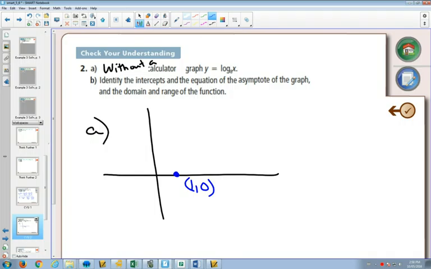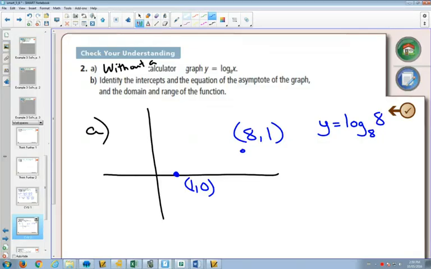If the base is 8, it's going to have the point (8, 1). Because if you plug in 8 for x, what is log 8 of 8?